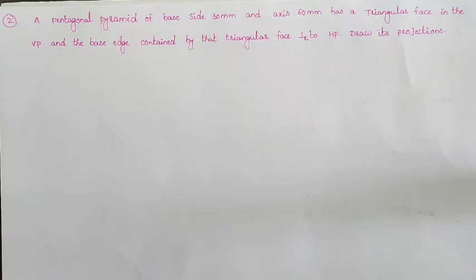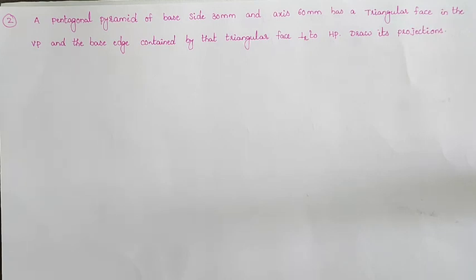A pentagonal pyramid of base side 30 mm and axis 60 mm has a triangle face in the VP, and the base edge contained by that triangle face is perpendicular to the VP. Draw the projections. So this is the type of problem they are giving, which I have already discussed.